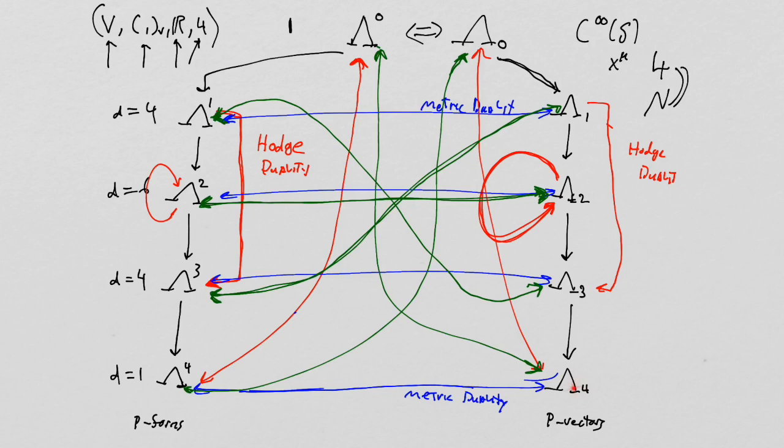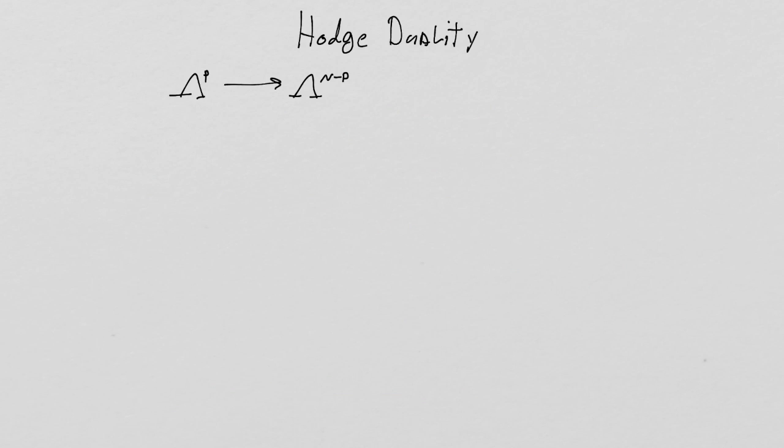And it's true for the vector spaces as well, and it's a self-duality in this case. So that's the mapping, and because it's a duality, it goes both ways. You can think of it completely legitimately in both directions. It's not from p to n minus p or n minus p to p, it's both directions because it's an isomorphism. So we're seeking that mapping.